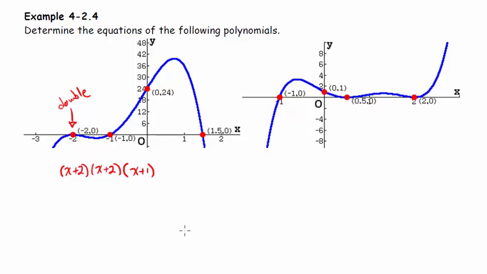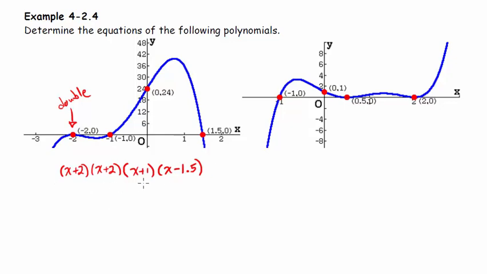And then we have a root at 1.5. So that could be x minus 1.5, or you might do something like 2x minus 3, which would also give us a root of 1.5, but this, I think, is the simplest.